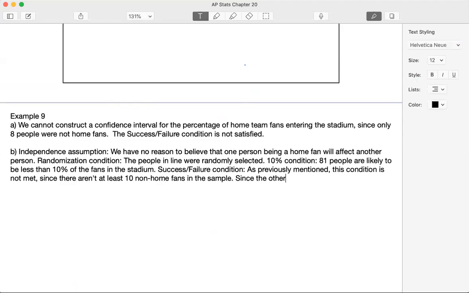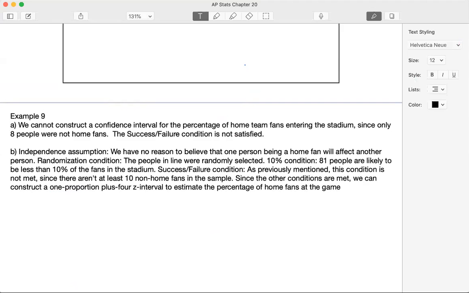Since the other conditions are met, we can construct a 1 proportion plus 4 z-interval to estimate the percentage of home fans at the game.